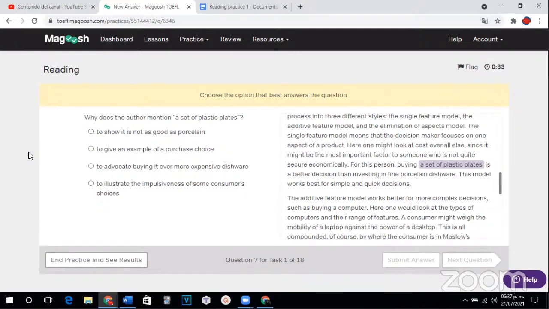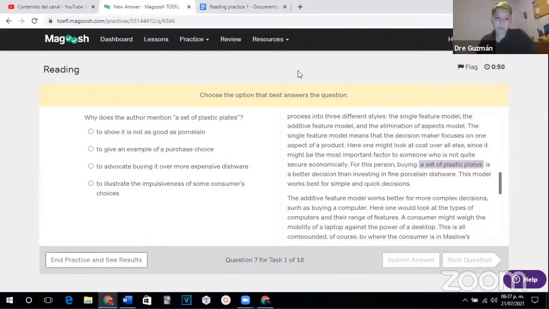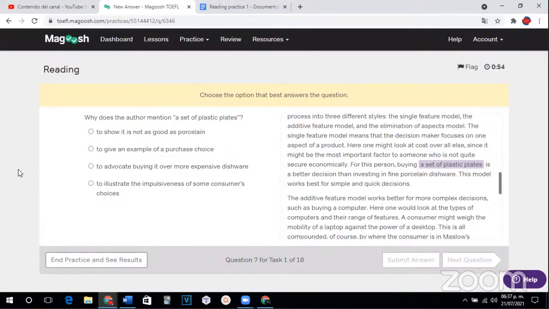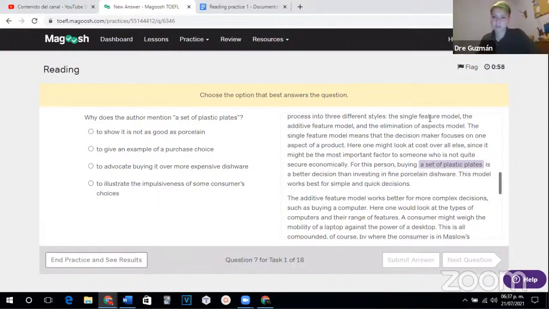To show it is not as good as porcelain, to give an example of purchase choice, to advocate buying it over more expensive dishware, to illustrate the impulsiveness of some consumers' choices. Which one do you think it is? I think it's the last one. So impulsiveness of some consumers' choices.